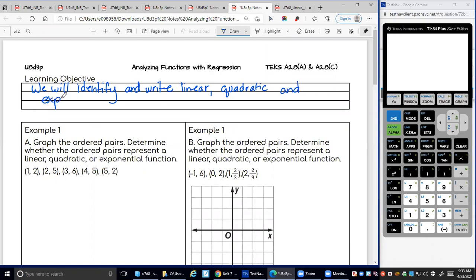So we're going to be looking at 3 different types of functions, guys, okay?